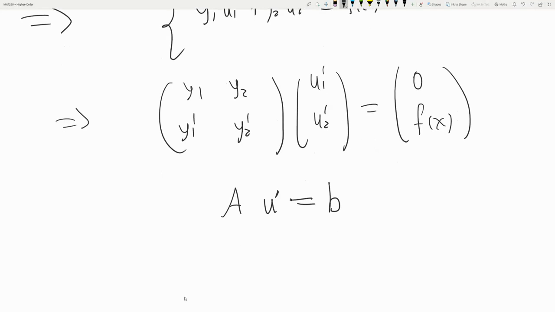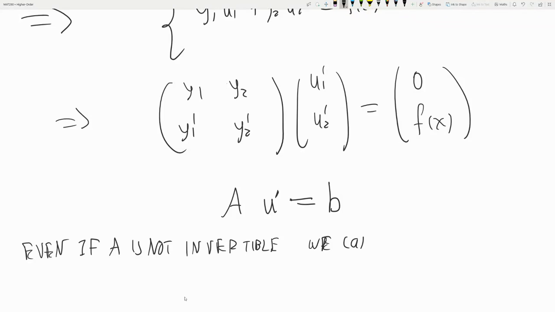Now, even if A is not invertible, we can still solve it with Cramer's rule.